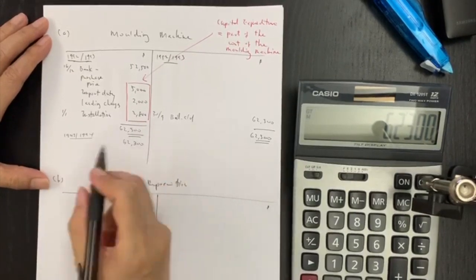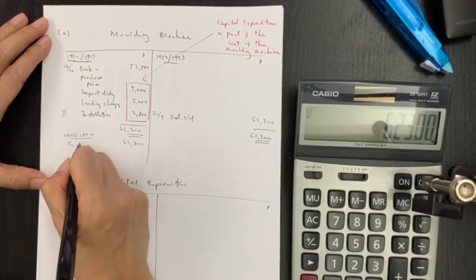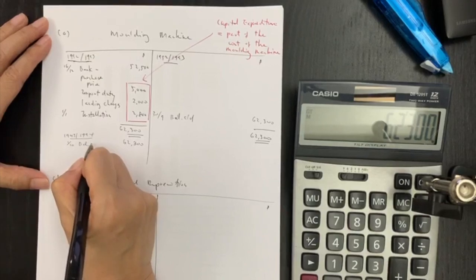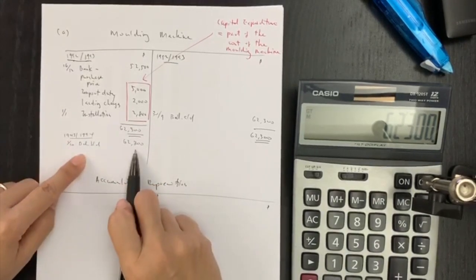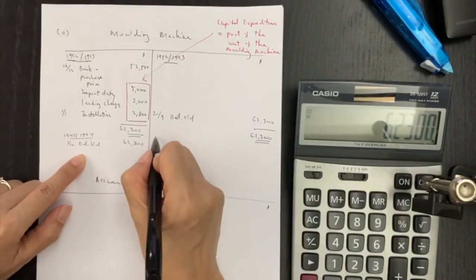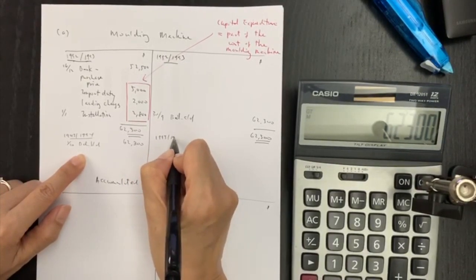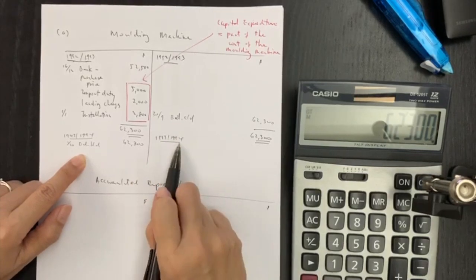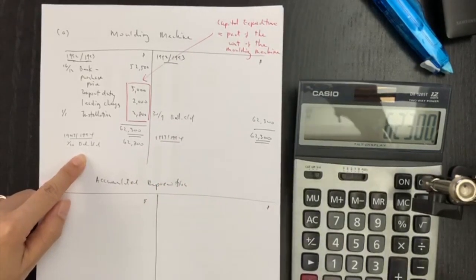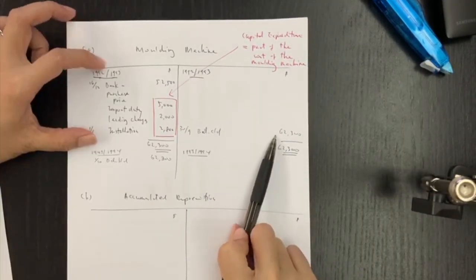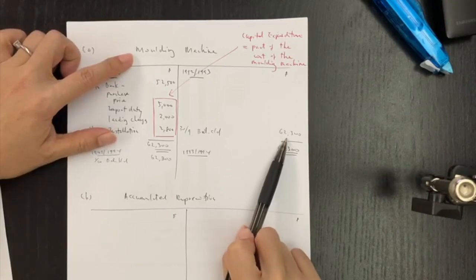On the following date, 1st of October, I have this balance brought down to begin with in year 2. Now we have the cost of the molding machine being 62,300.